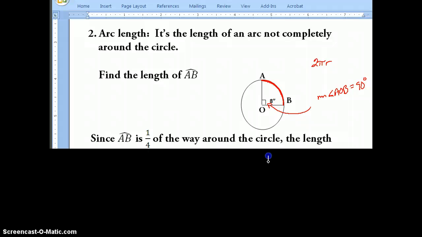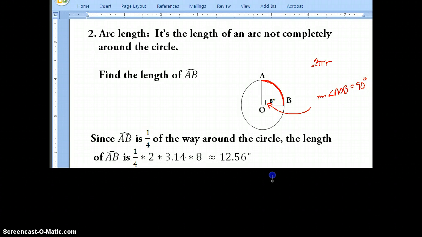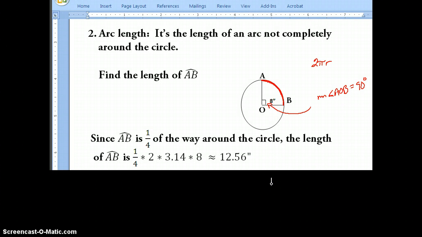And so instead of 2 pi r, we're going to calculate the length of AB as being 1/4 times 2 times pi times r. And we're going to use 3.14 unless they tell us otherwise.